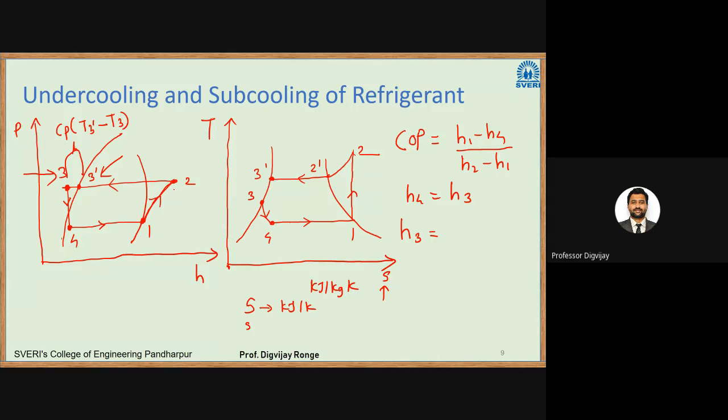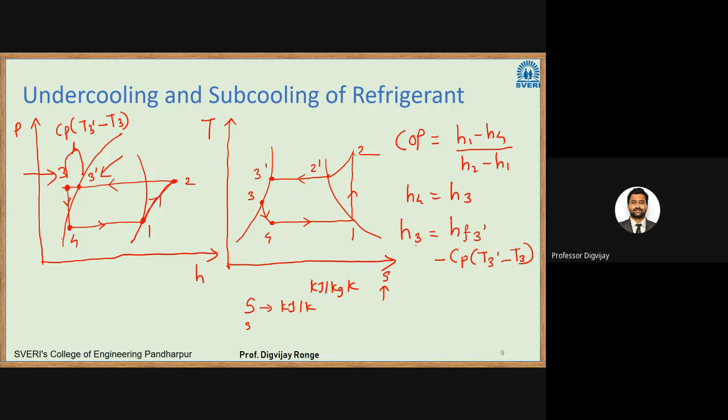So there is this energy gap. We can say that enthalpy H3 will be equal to the enthalpy at point 3 dash, which lies on the saturated liquid line, that is hf3 dash, minus Cp delta T. Here it will be T3 dash minus T3.